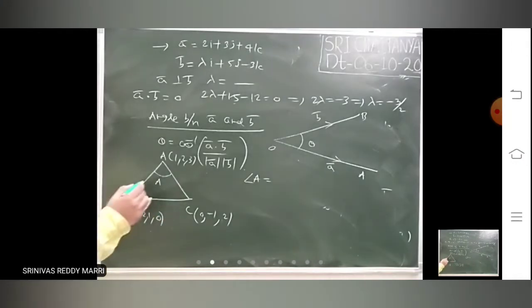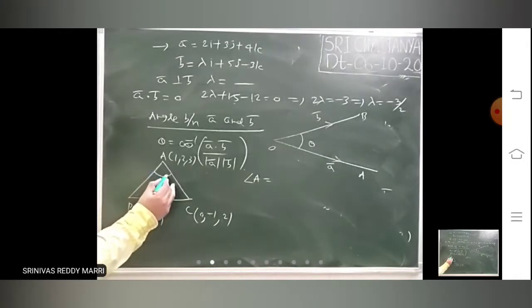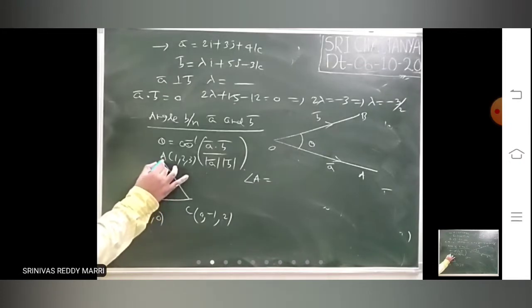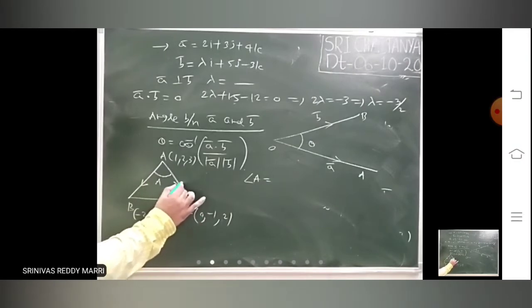If you want to calculate angle A, mark that angle. That means between two vectors. Which two vectors is it the angle between? You draw the directions from the initial point to this side and from the initial point to this direction.